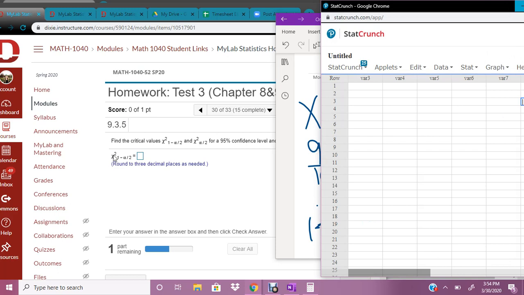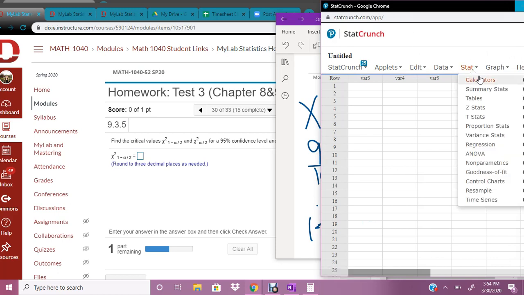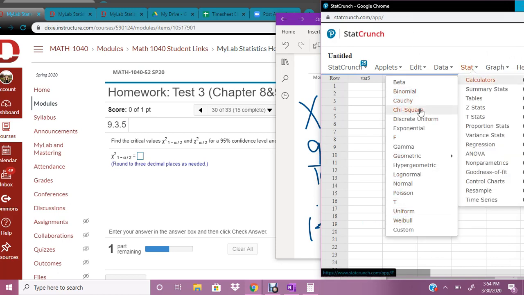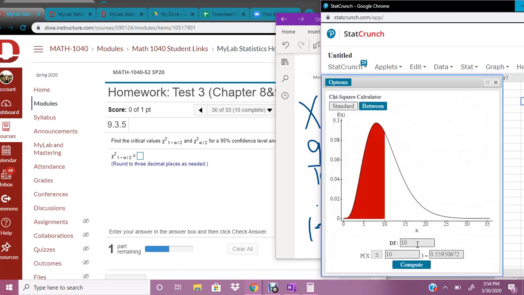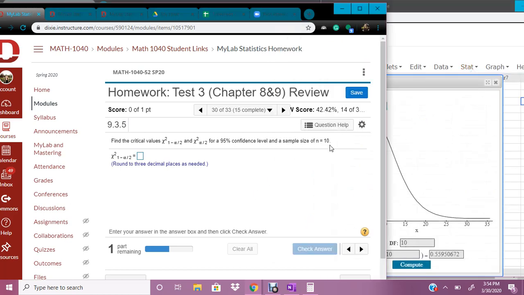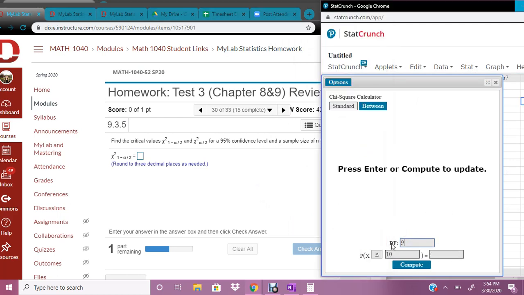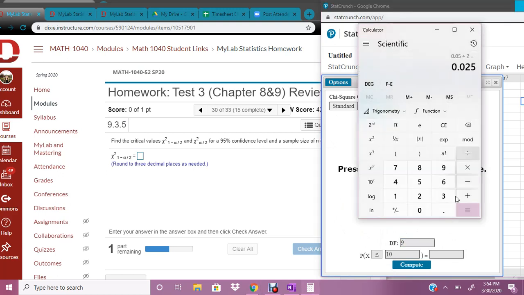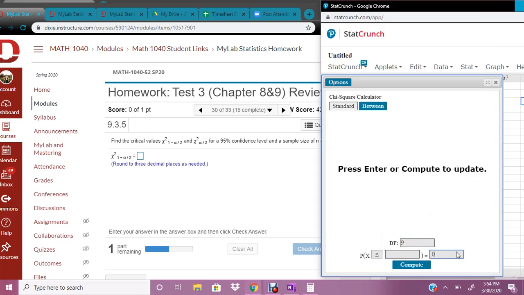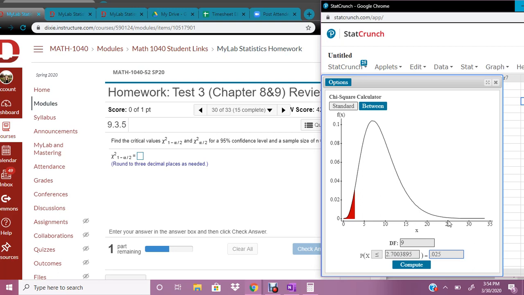And so, like I said, with the x, it's going to be our chi-square calculator. Our degrees of freedom is n minus 1. So in this case, it's going to be 9. And then we're going to plug in this number, 0.025, into our equal side.